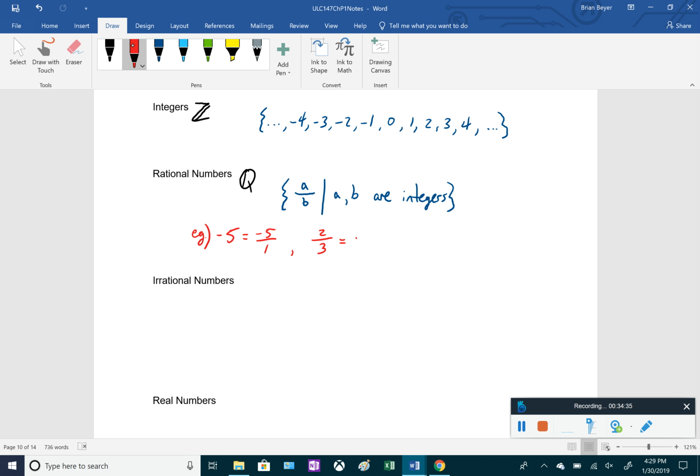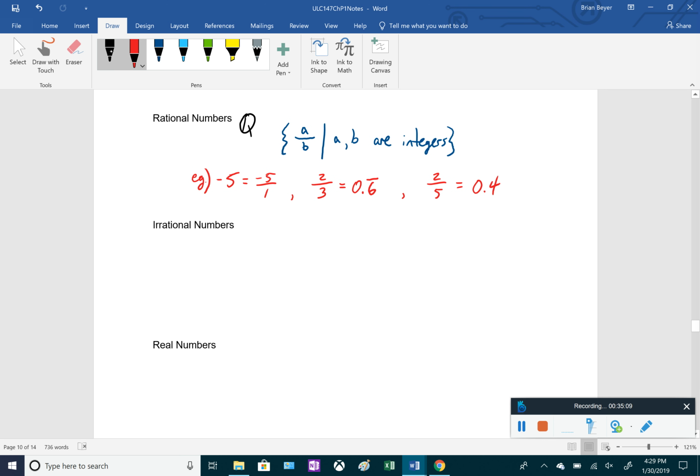If we think about this as a decimal, this is 0.6 repeating. So repeating decimals are actually rational numbers because we can rewrite them as a ratio of integers, which may not seem like it, but we can. And if we have something like 2/5, that would be 0.4. 2 and 5 are obviously integers. So terminating decimals like 0.4 are also rational numbers.